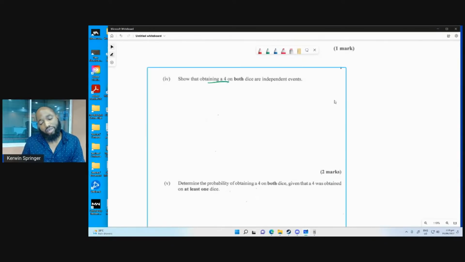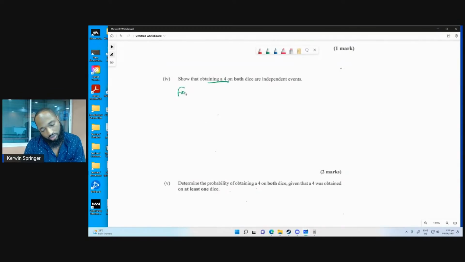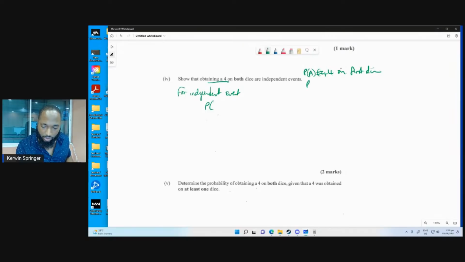For independent events, let's say A is a 4 on the first dice and B is a 4 on the second dice.